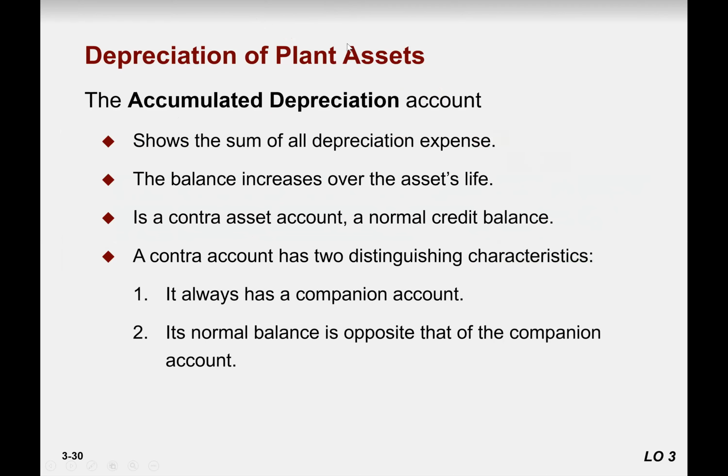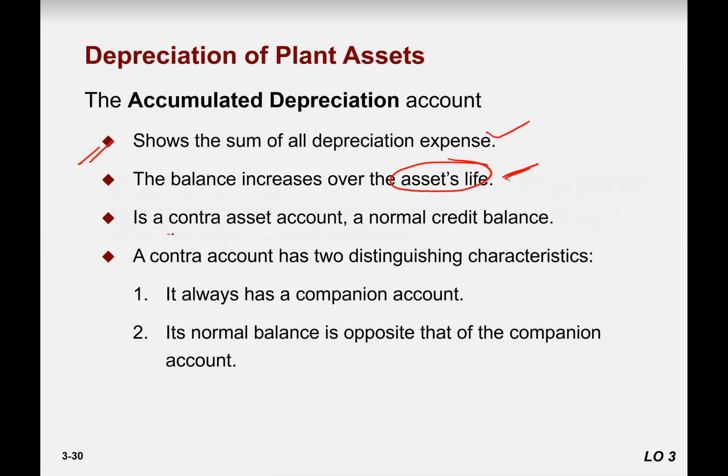Okay, just remember that. So why do we use accumulated depreciation? It shows the sum of all the depreciation expense. We want to know how much this plant, machinery, equipment has been used, and how much balance is left until its total useful life.